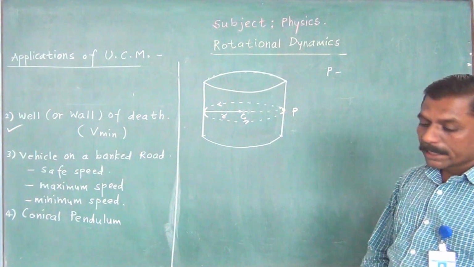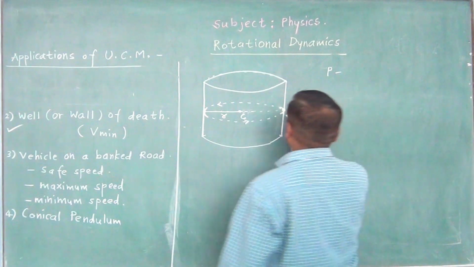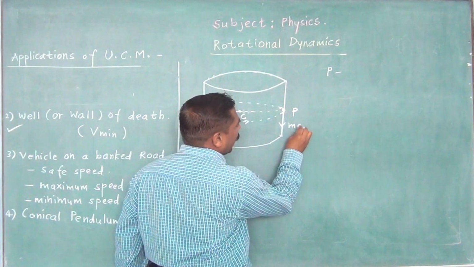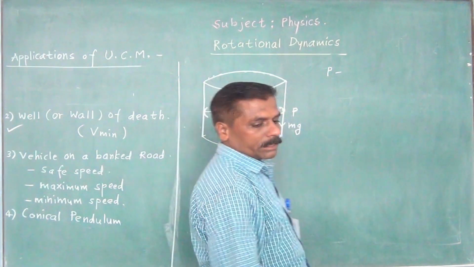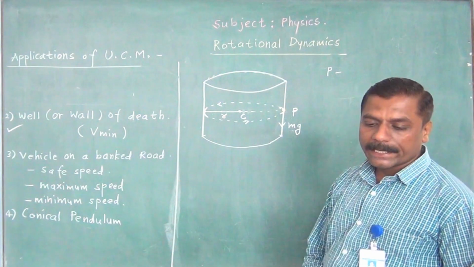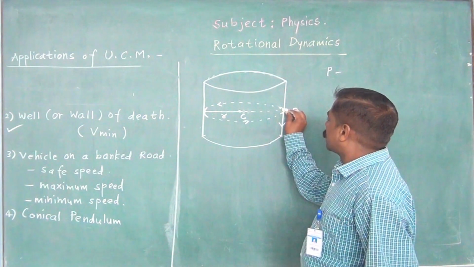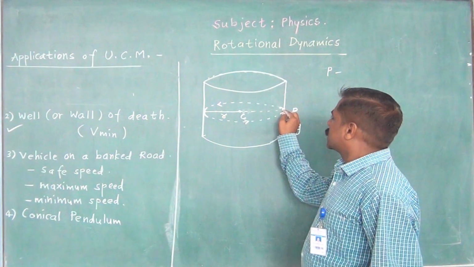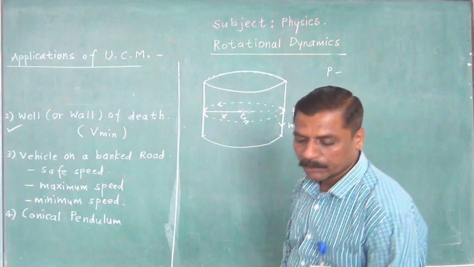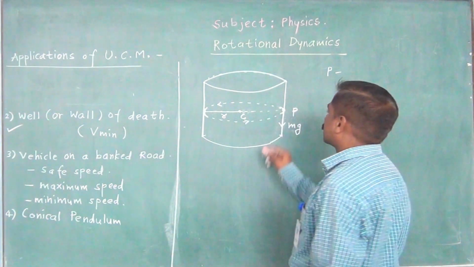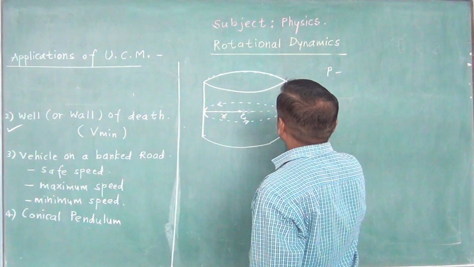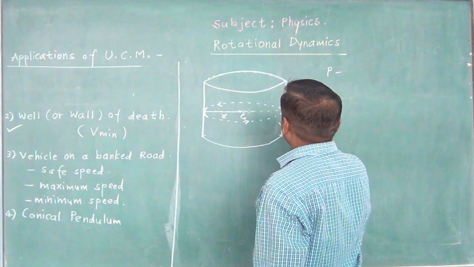So you will find again one very important force, that is the weight of the vehicle. It is acting along the wall in a vertically downward direction. Secondly, there is one force which is acting in an upward direction. If you observe very carefully, this force is nothing but the static force of friction, denoted as Fs.